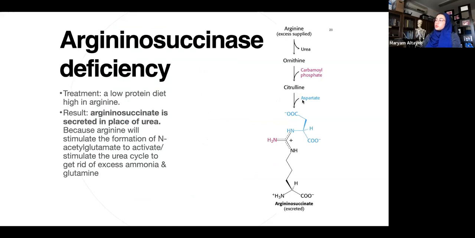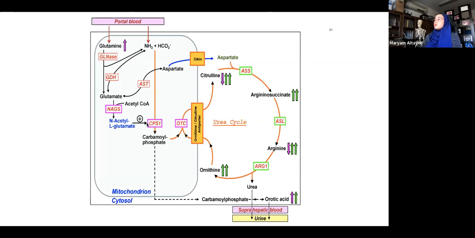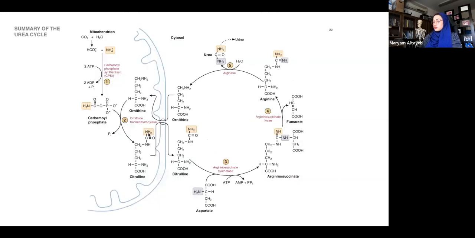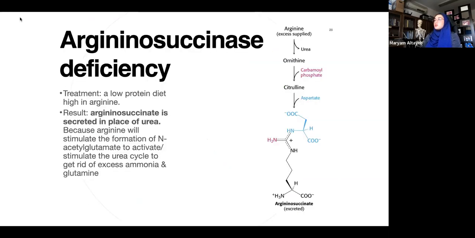And low in protein, so that this can be excreted. Why is it high in arginine? Again, because that's going to stimulate the formation of N-acetylglutamate, which is the key for this step here. And that's going to get rid of excess ammonia in the blood.